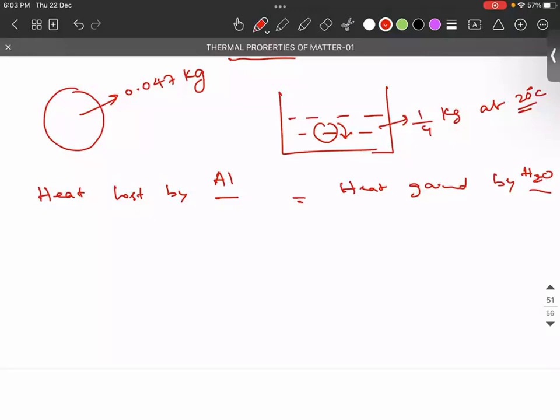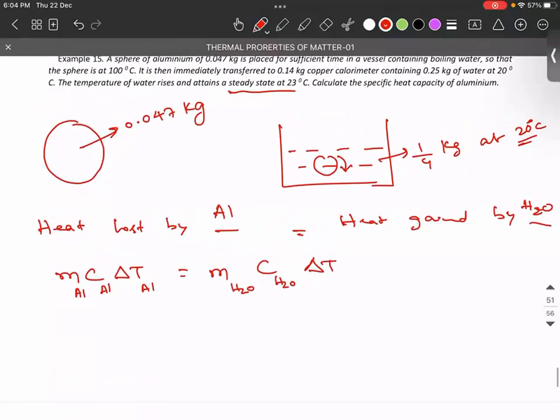So heat lost by aluminum is mass of the aluminum into specific heat of aluminum into the change in temperature that is taking place, I'll write it as M_Al C_Al into delta T of aluminum, will be equal to the heat gained by water: mass of water into specific heat of water into delta T. Got it? So make a note of this one.